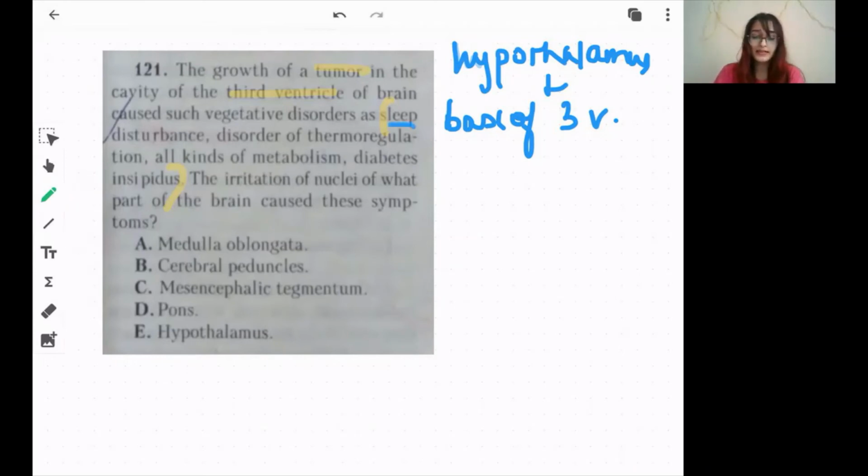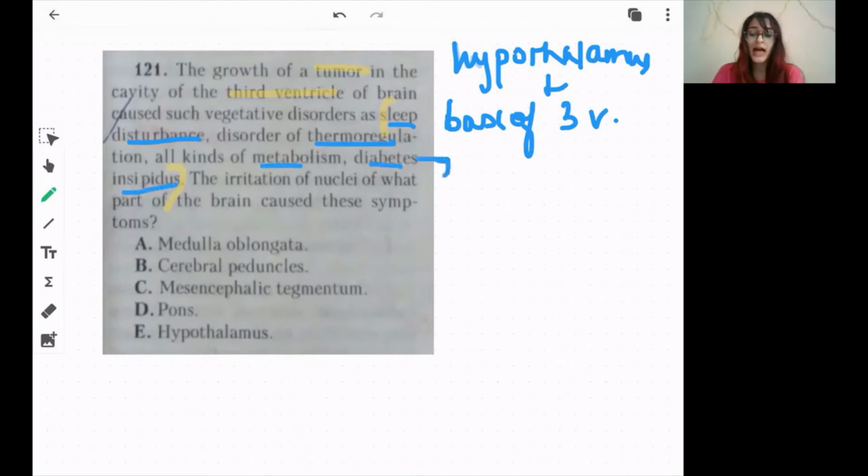But these disturbances, like sleep disturbance, are because the circadian rhythm is managed by the suprachiasmatic nuclei of hypothalamus. Disorder of thermoregulation, you know that hypothalamus regulates body temperature. Metabolism and diabetes insipidus. Why diabetes insipidus?